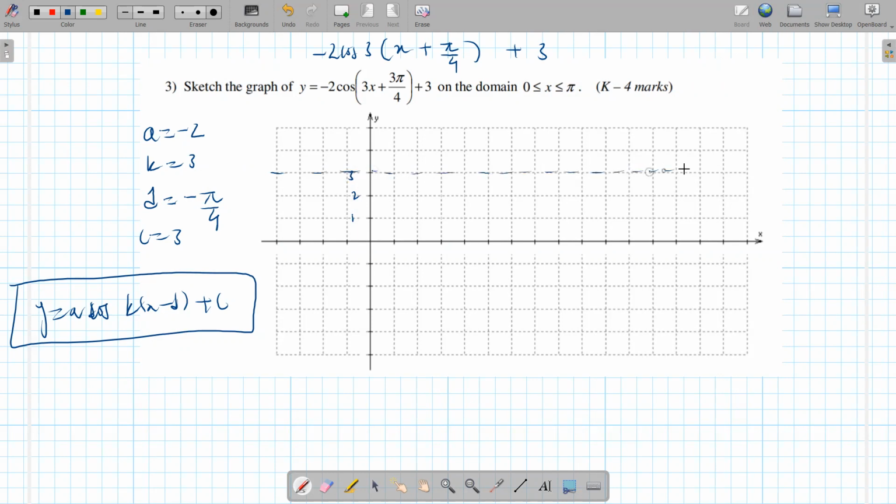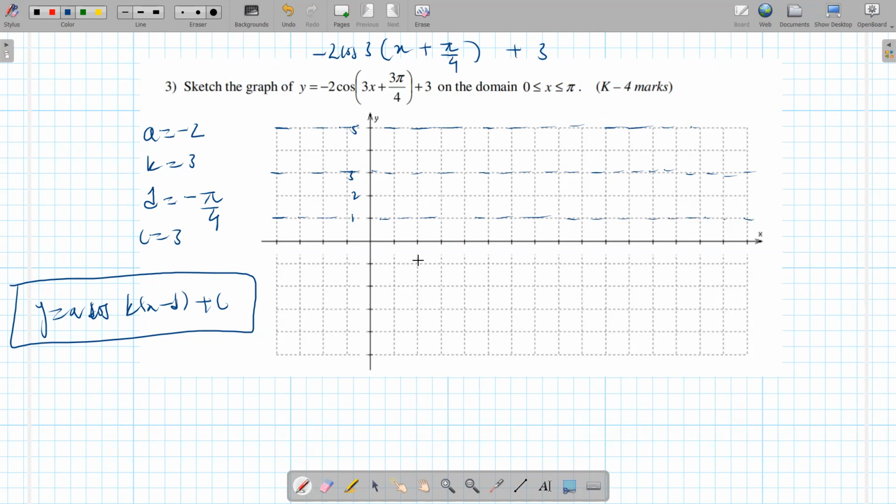What's our maximum value? 3? Nope, 3 is the midpoint. For the maximum, it's 3 and 2 units up, the amplitude. So our maximum is at 5. Where's our minimum? That would be at 1, exactly.